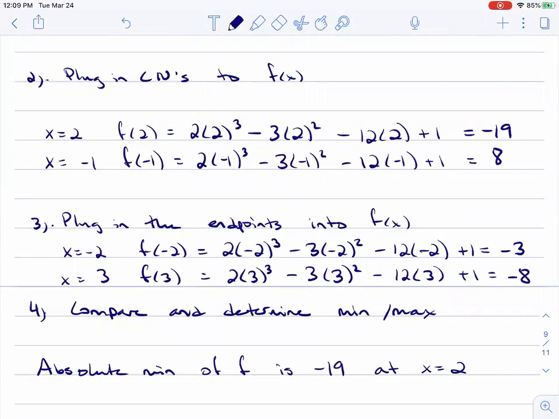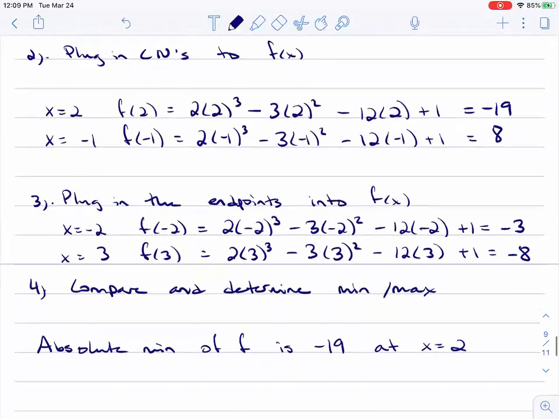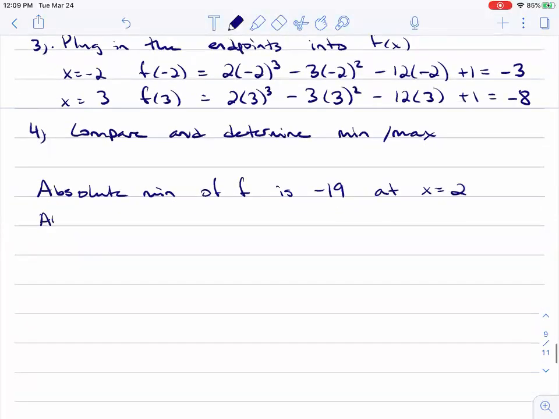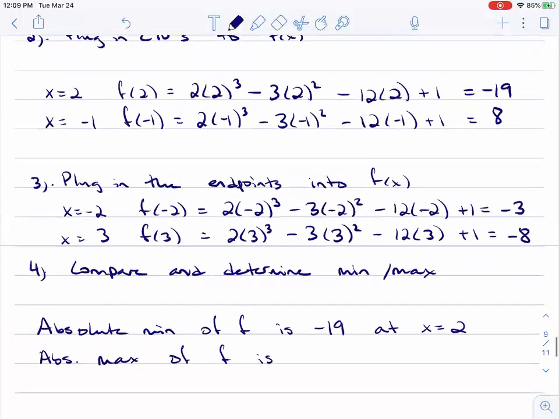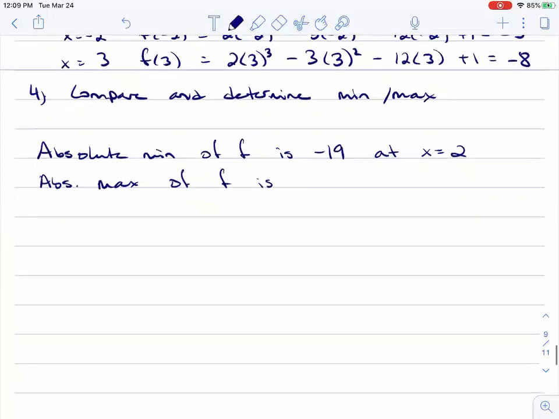Because it happens at x equals 2, but the output is -19. So that's the absolute minimum. And the absolute max of f is at +8 when x is -1. Is +8 at x equals -1. Nice. There. That's how it's done.